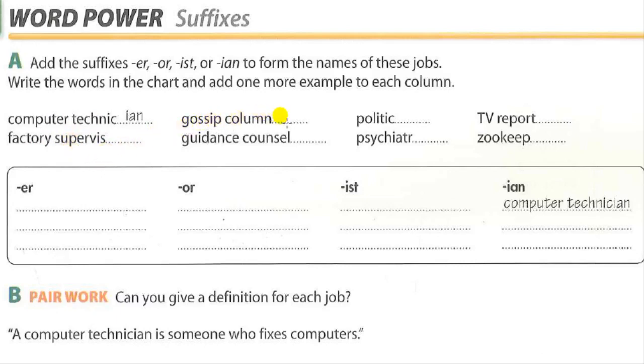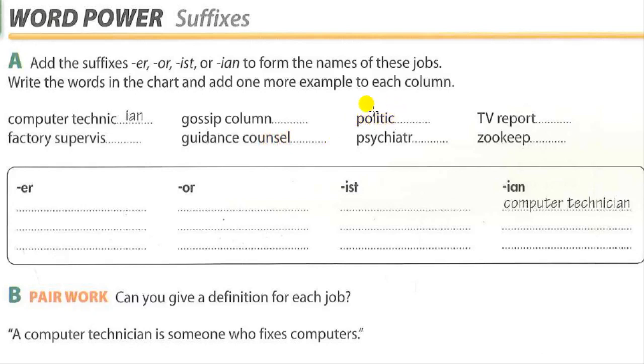Gossip columnist, this is a journalist, a writer of gossip. Someone who writes about actors, singers. Guidance counselor, if you have a problem, you can go to the guidance counselor. Someone who tries to solve your problems, especially in school, it's very helpful.